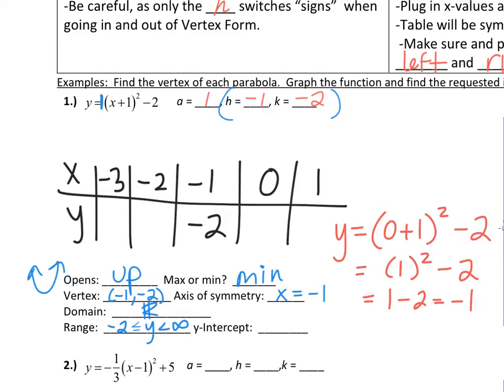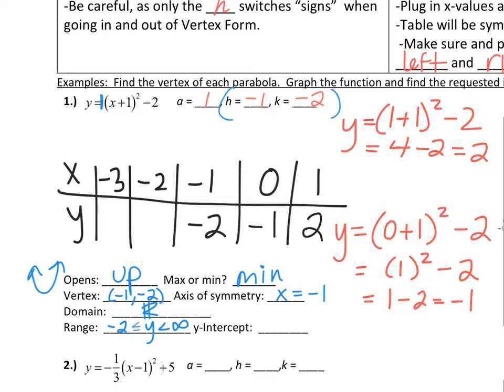So when x equals 0, y is negative 1. Let's just do one more, and then we'll make our table symmetrical and graph it. So do the same thing for x equals 1, y equals, in parentheses, 1 plus 1 squared minus 2. So that would be 2 squared, which is 4. Minus 2 is 2.